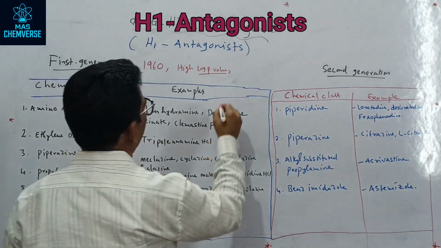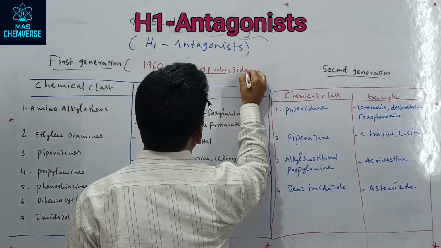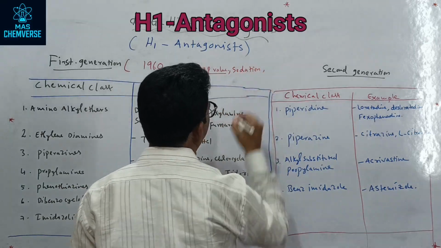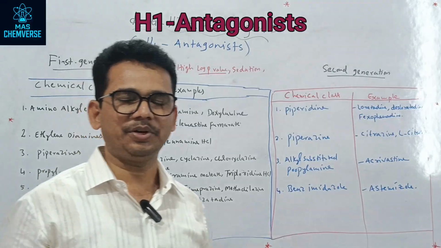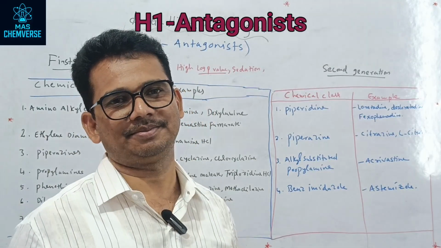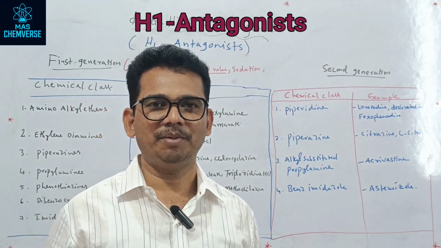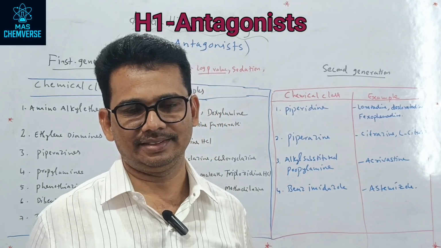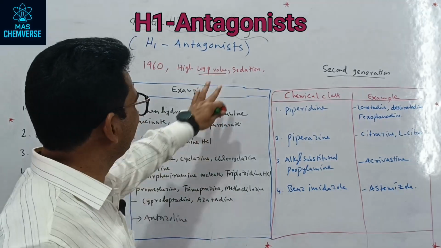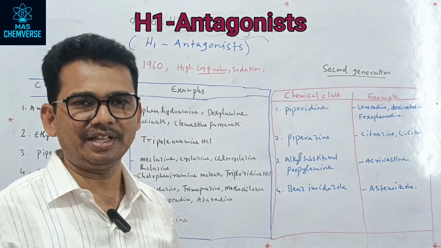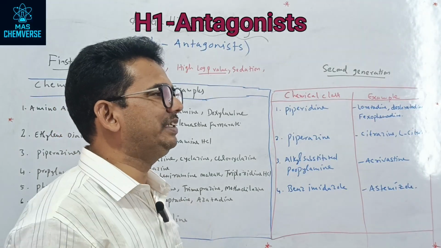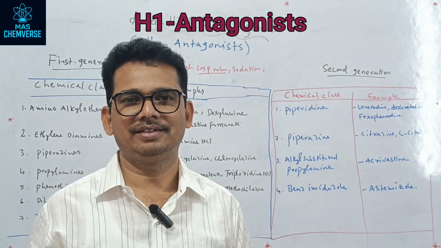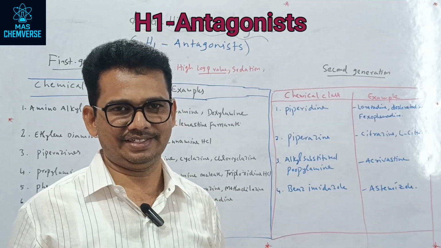That's why they produce sedation. Sedation means producing calmness, like being actionless. If you are driving a bike but you don't know which side the bike is going, that is called the sedation effect.